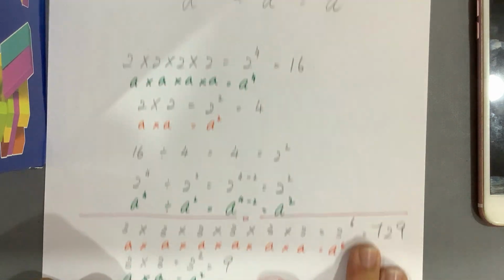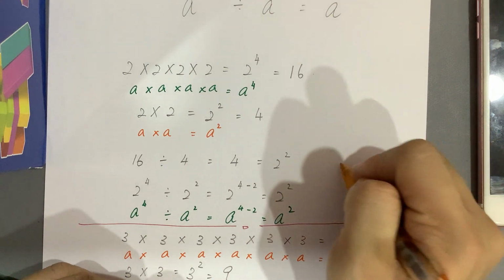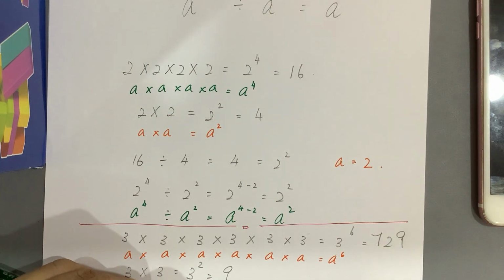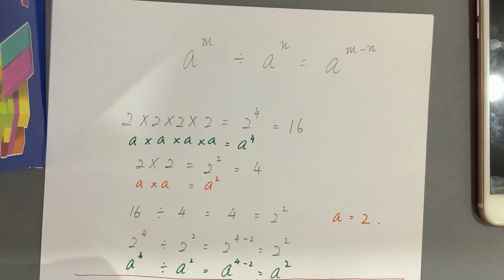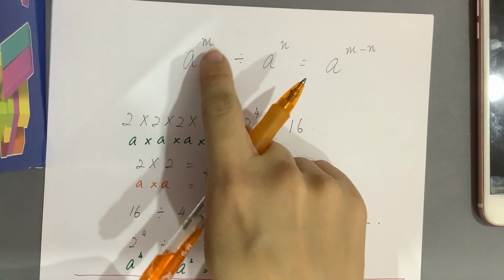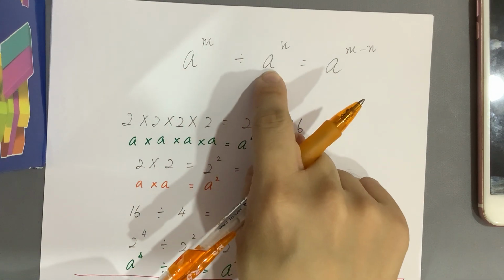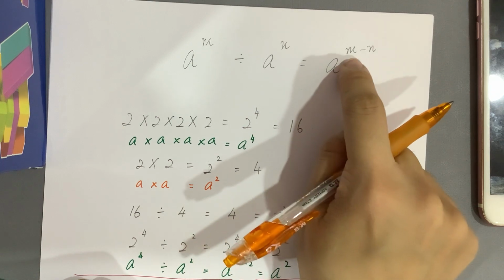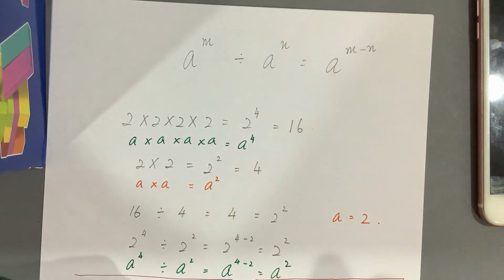In this case, my a actually equals 2. So this explains to you why a to the power m divided by a to the power n is actually equal to a to the power m minus n.